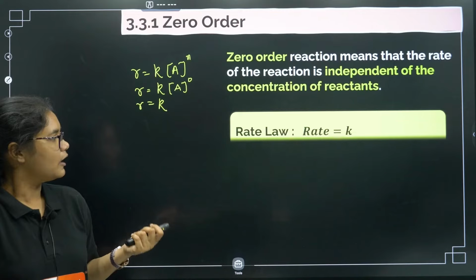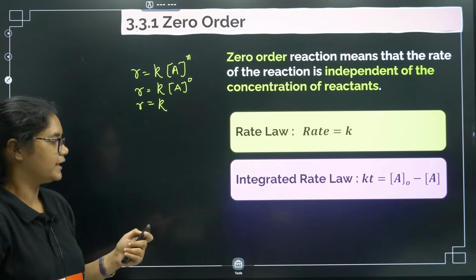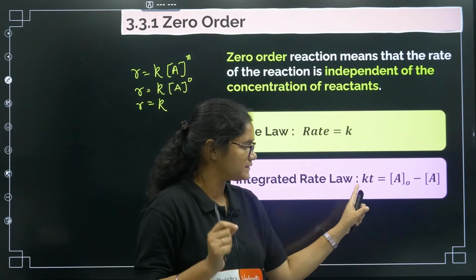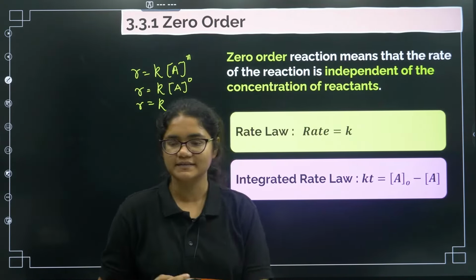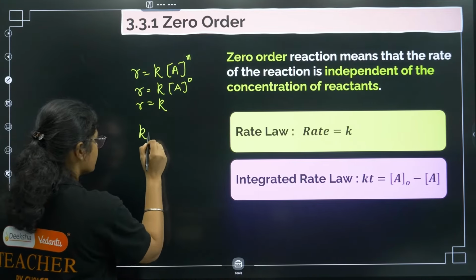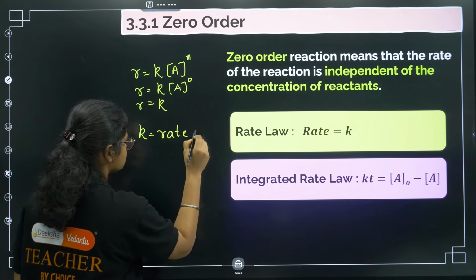Now let us see, the rate law is rate is equal to K. Next, the integrated rate law. This is your integrated rate law, where KT is equal to A naught minus A. I'll tell you all the terms. K, we all know, is the rate constant.